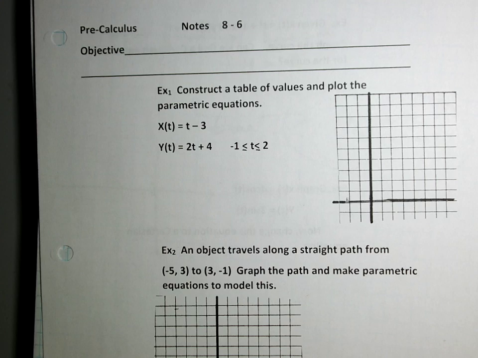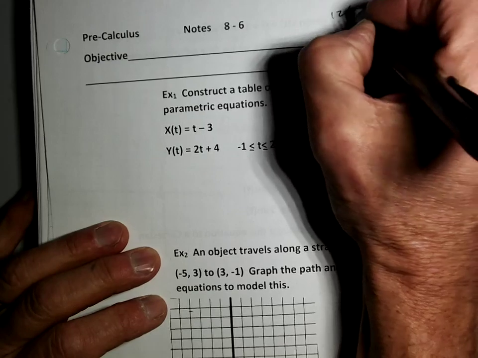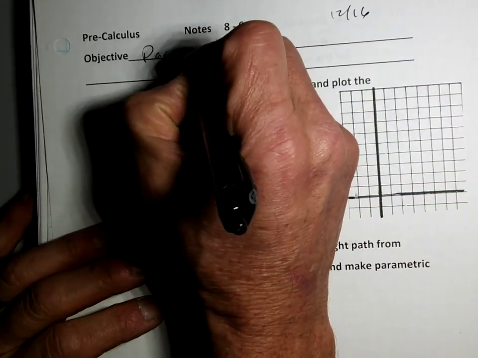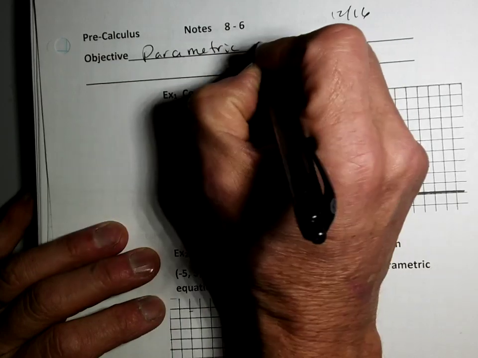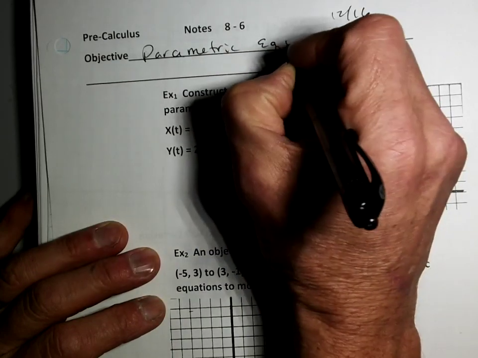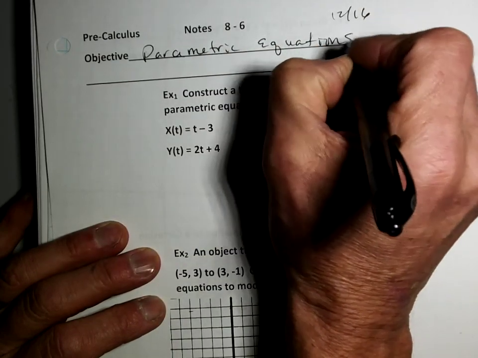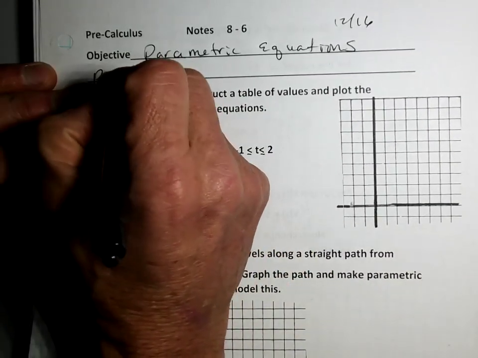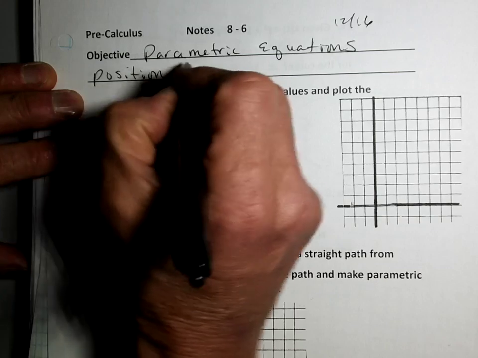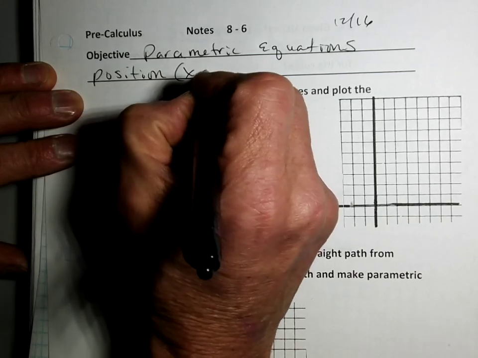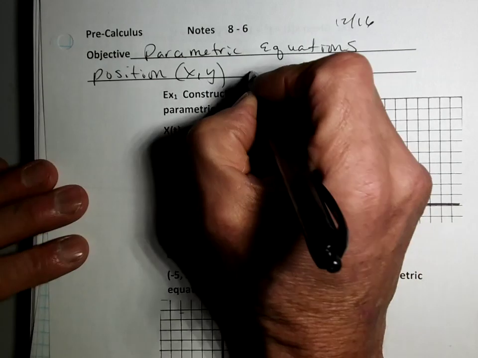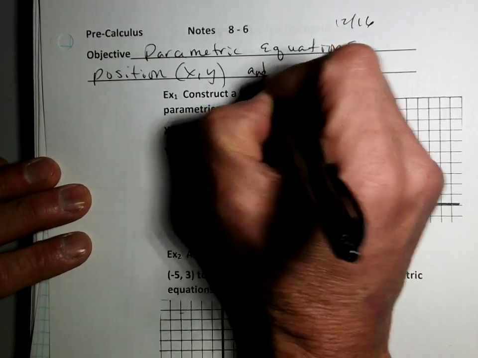Okay, so today is 12/16, and we're learning about parametric equations. Parametric equations give us position, some x, y value on a graph, and time.